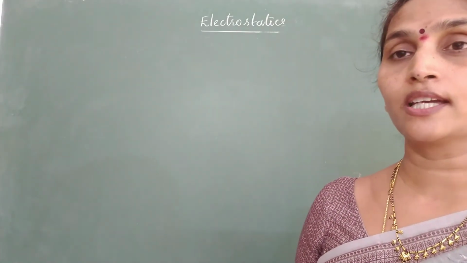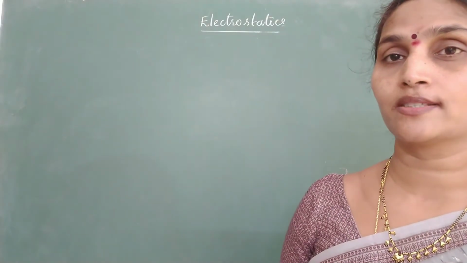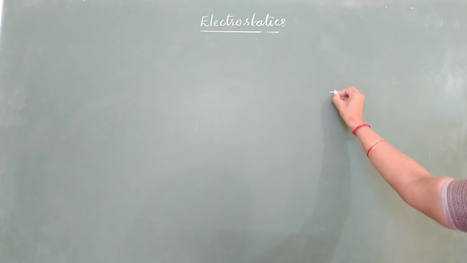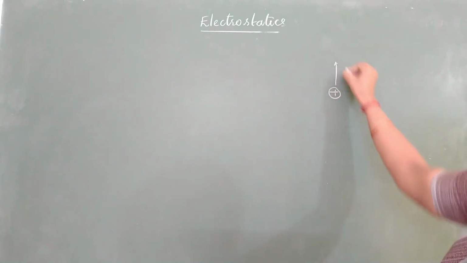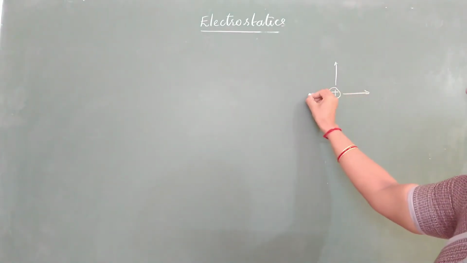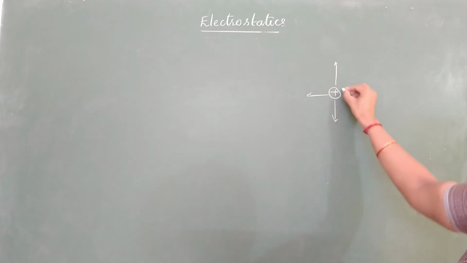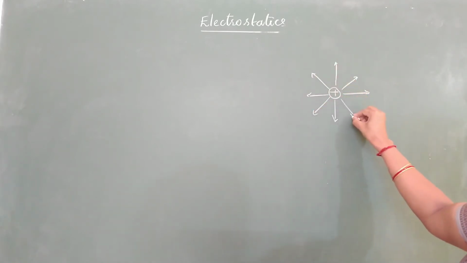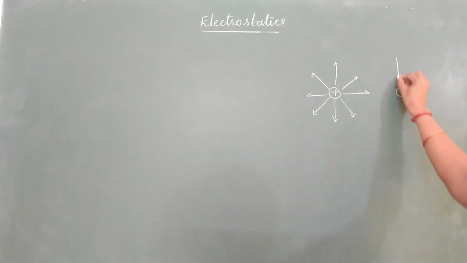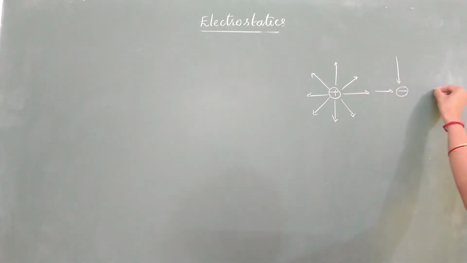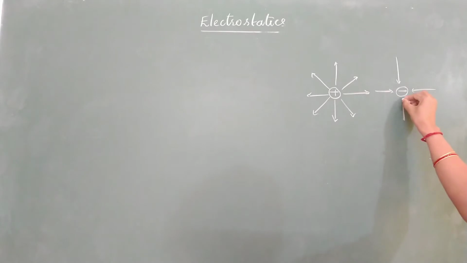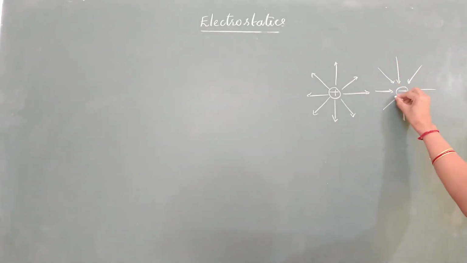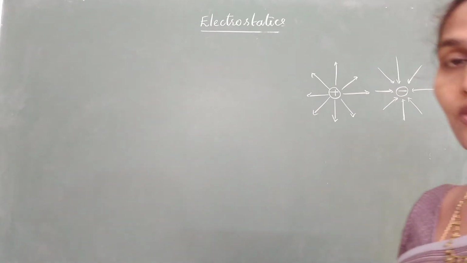Regarding field lines, you will have to remember some diagrams. For a positive charge, field lines are always directed away. For a negative charge, they are directed towards the charge. Field lines always start at a positive charge and terminate at a negative charge. Then for a dipole, what is the nature of electric field?